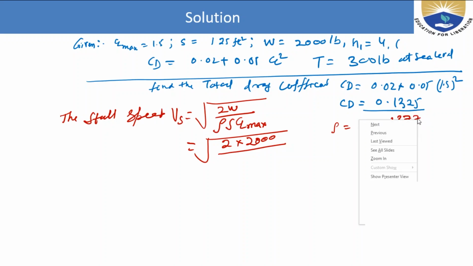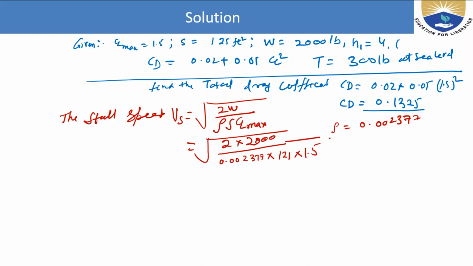It is in slugs. So now 0.002377, area is 125 and CL is 1.5. So you will get this Vs is equal to 94.7 feet per second.